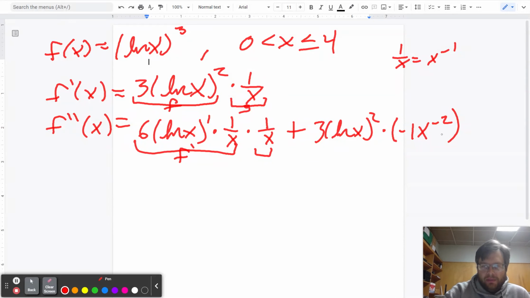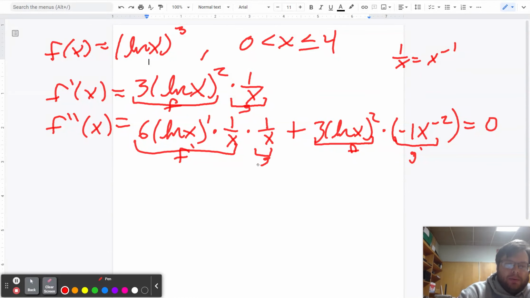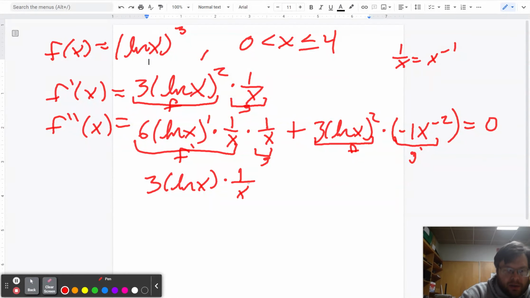Great. Points of inflection mean we make all that equal to 0, and then we look for things that are in common. By the way, this was my f times g prime, just to finish writing out my product rule. What I notice is that both terms have a 3, have a natural log of x, and have a 1 over x squared in them.